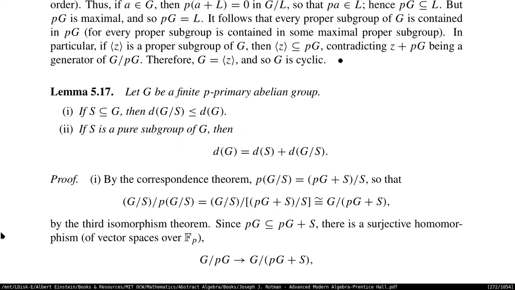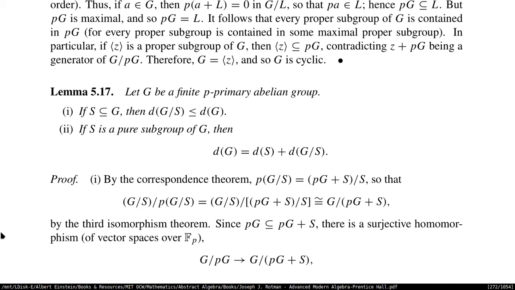We have a finite p-primary abelian group G, and S is a subgroup of G. Then D of G mod S is less than or equal to D of G, because that's the thing. The notation for subgroups which are not abelian is actually this less than or equal to, but here D is just the number.